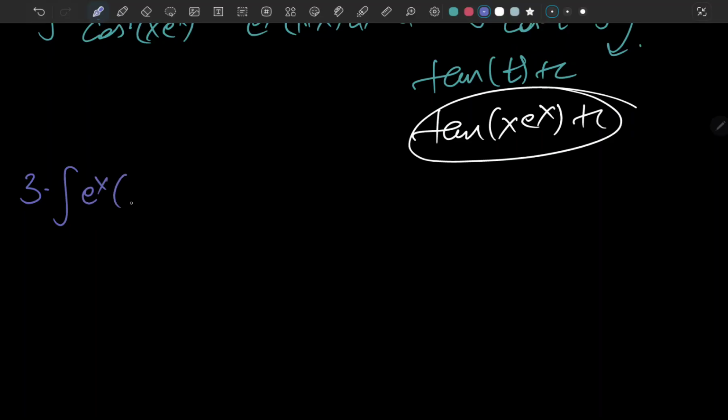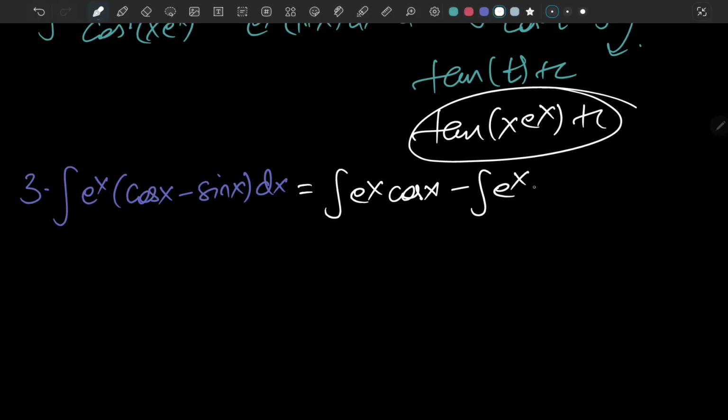The third integral is e to the x times cosine of x minus sine of x. Well, maybe you can just do it something like that: e to the x cosine x minus e to the x sine x.